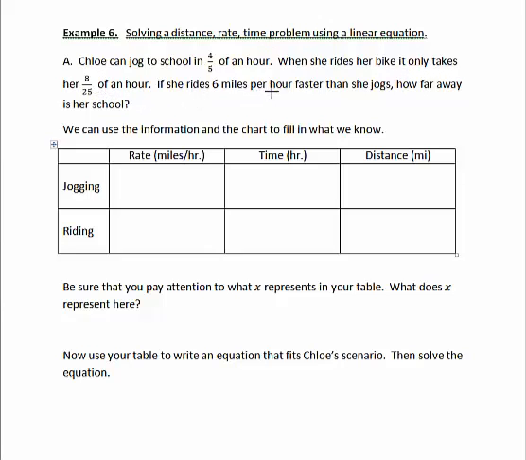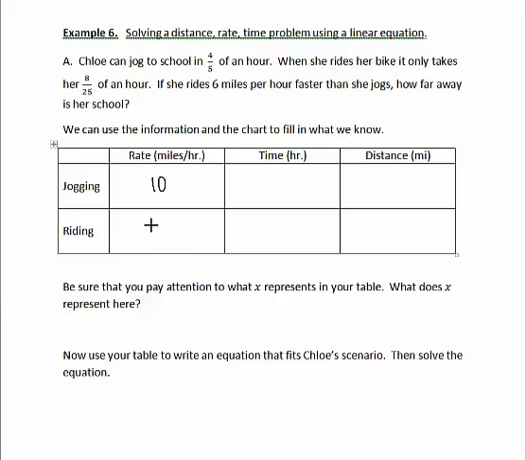If she rides 6 miles an hour faster than she jogs, and so it's not saying she jogs or she rides 6 miles an hour. It's telling us how those 2 speeds are related. They differ by 6. So for instance, her rate of jogging could be, let's say, 10.